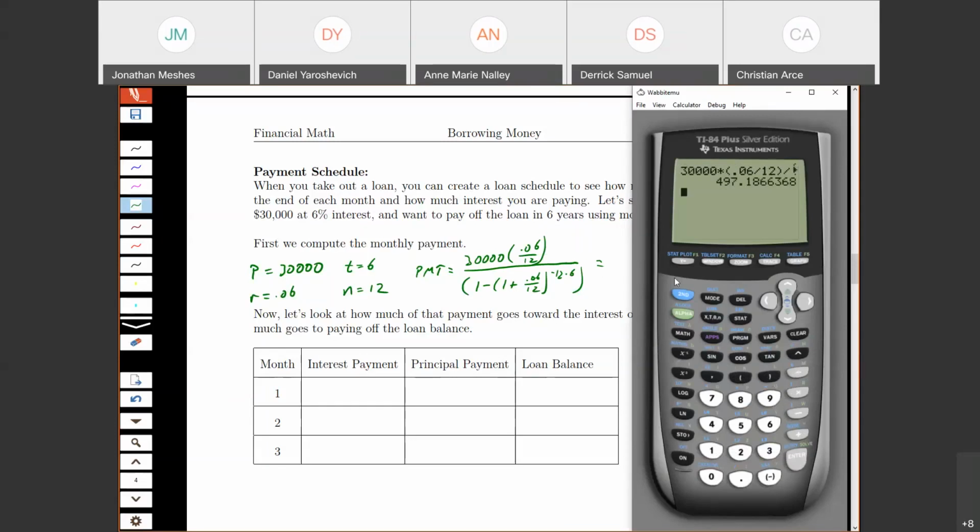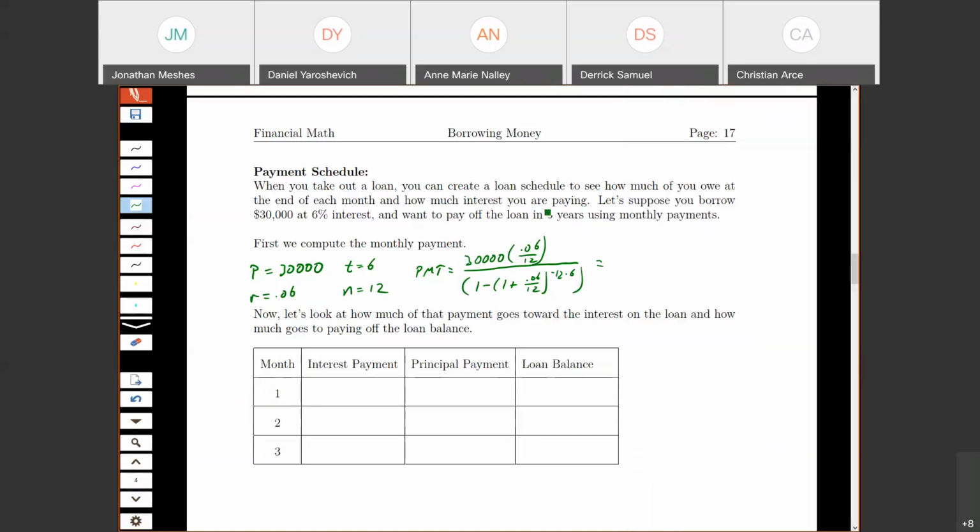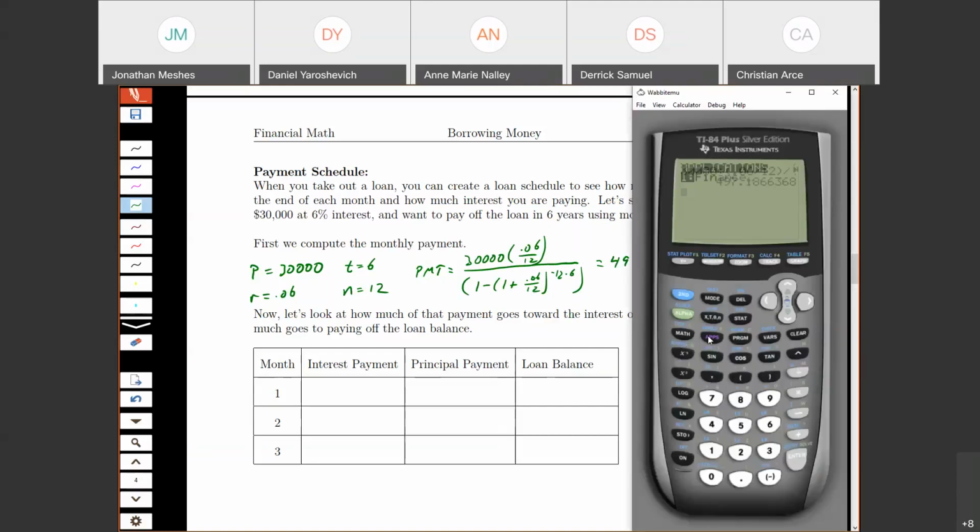We get a monthly payment of $497, and if I round to the nearest cent, it'll be 19 cents. And again, if I were to use my finance app, the big N, remember, is little n times t, so 12 times 6.